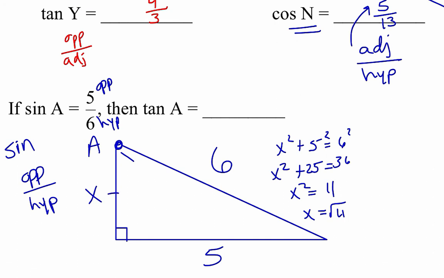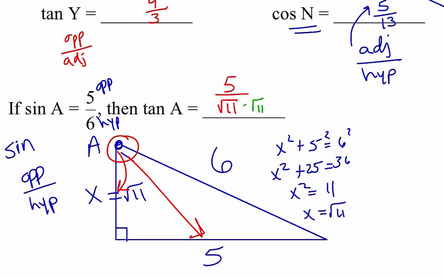So if x is the square root of 11, now I can do my normal what's the tangent of angle A. So tangent is going to be the opposite side, 5, over the adjacent side, which in this case is the square root of 11. Now we need to clean this up a little bit. I got to multiply top and bottom by the square root of 11, which is going to get me 5 root 11 over 11. And we're going to leave our answers like that. We're just asking for the fraction that would represent the tangent of angle A in this diagram.